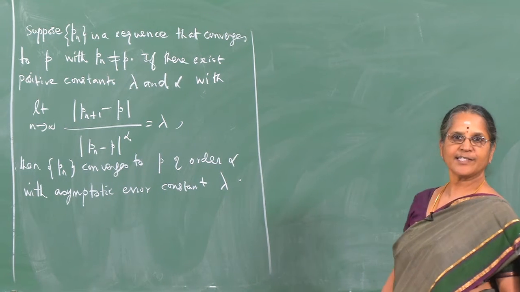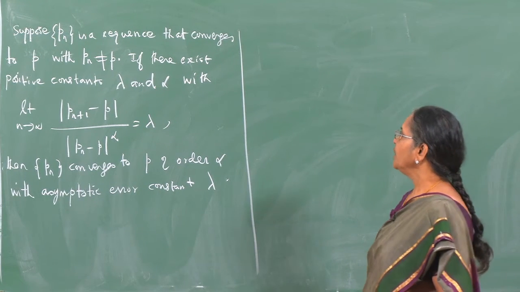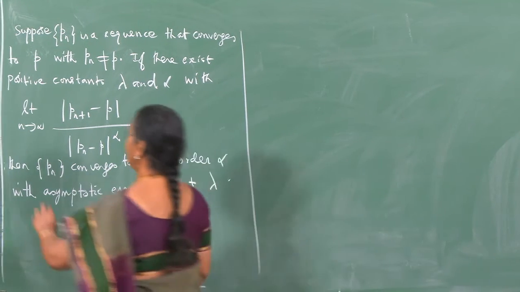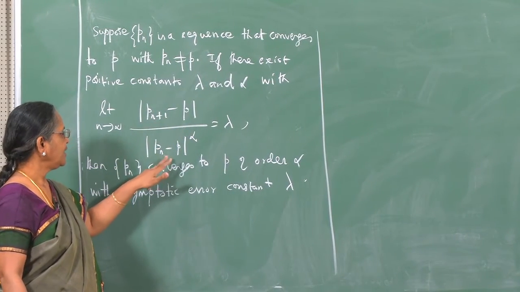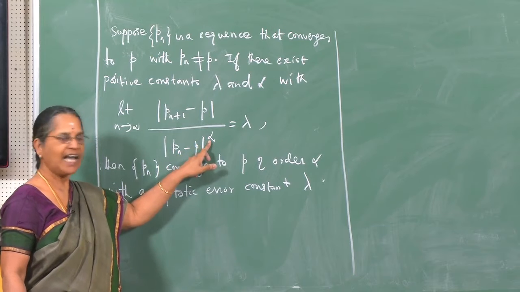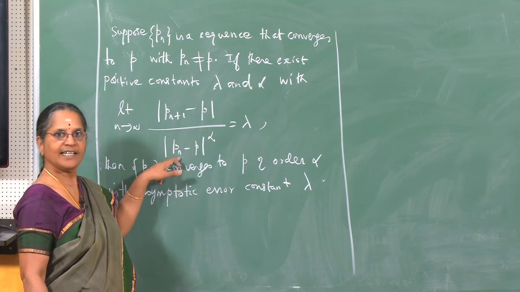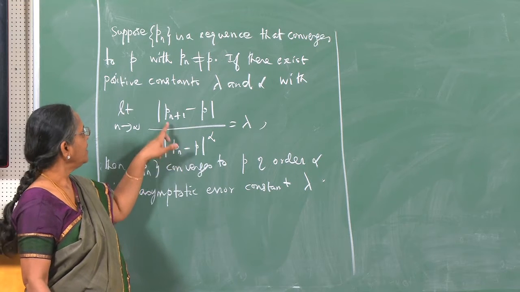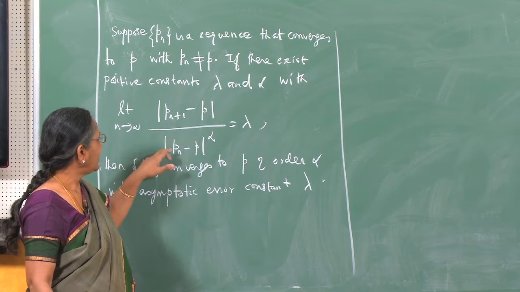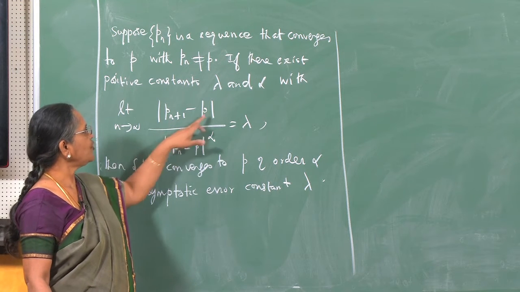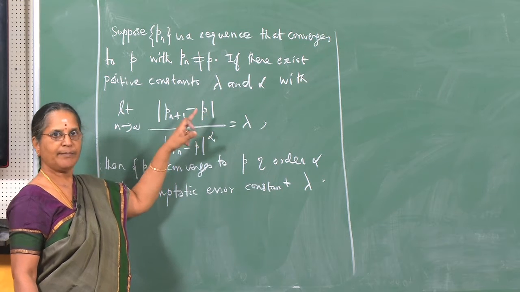Suppose there exist positive constants lambda and alpha with limit as n tending to infinity of modulus of Pn plus 1 minus P by modulus of Pn minus P to the power alpha equal to lambda. Here Pn is the nth iterate that we have generated, Pn plus 1 is the n plus 1th iterate that we have generated, and these are approximations to the exact value P that we want to determine.